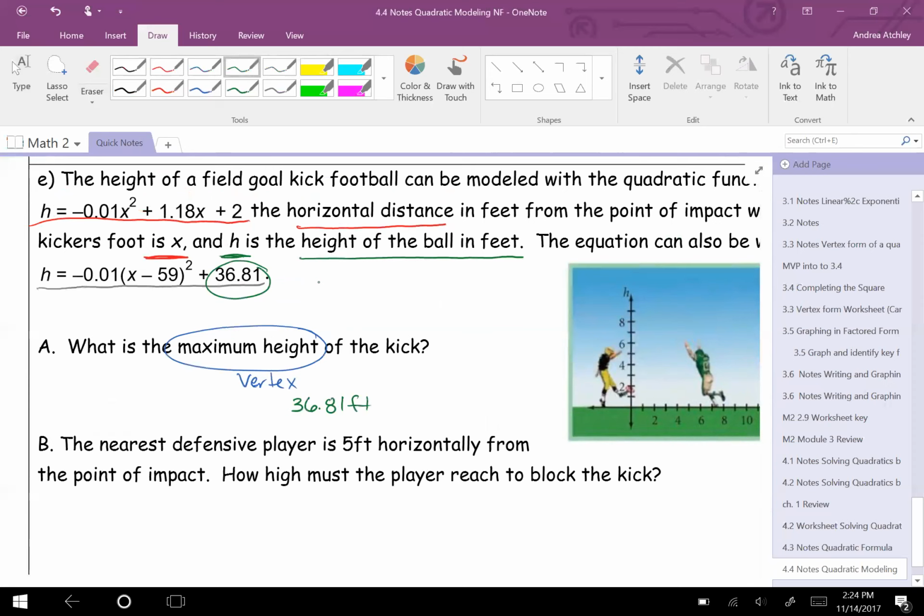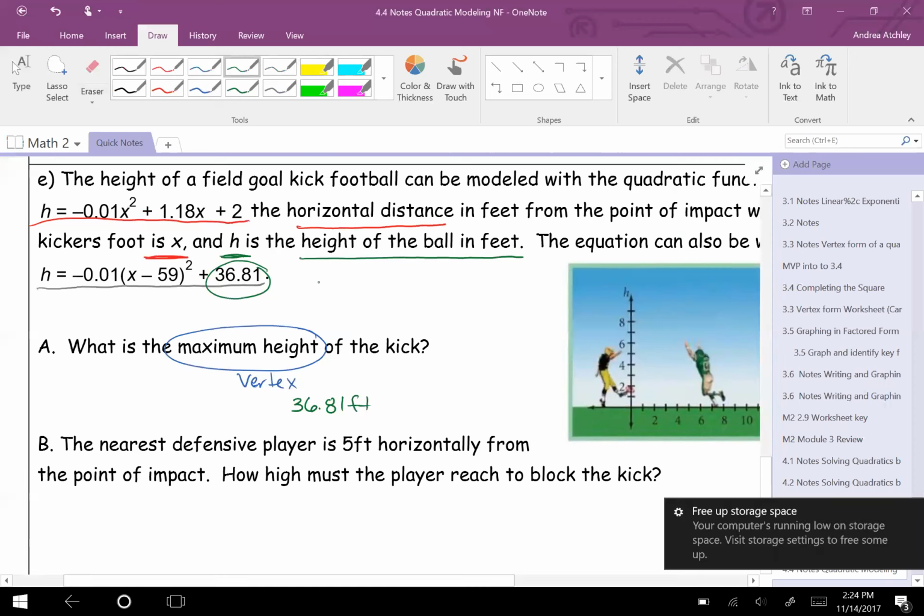Okay, then it tells me that the nearest defensive player is 5 feet horizontally from me. Okay, so that's a distance horizontally. So is that your X value or is that your H value? X. So they just told me that X equals 5.